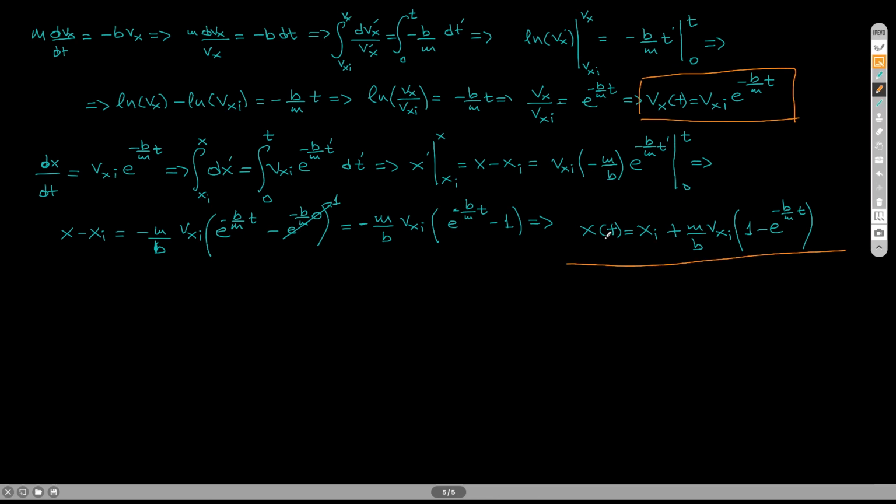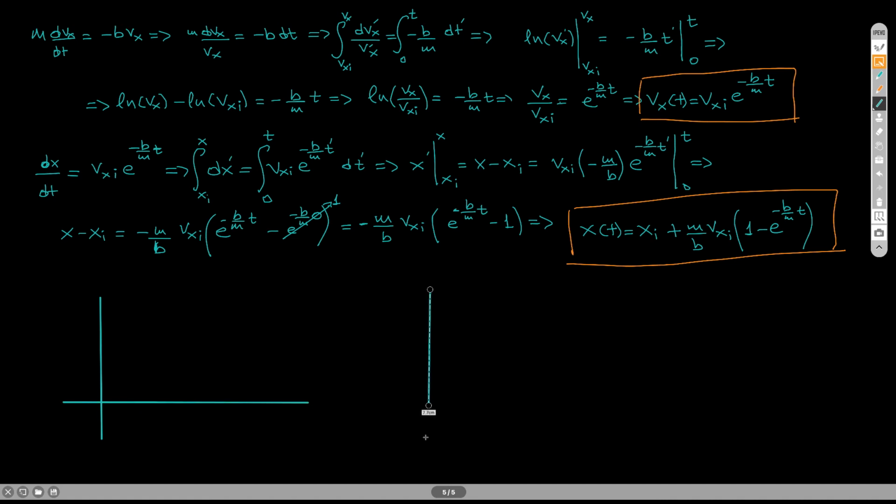And this is the equation in the x direction. I would like to show you really quick how those two quantities behave as a function of time. Fairly easy to see.